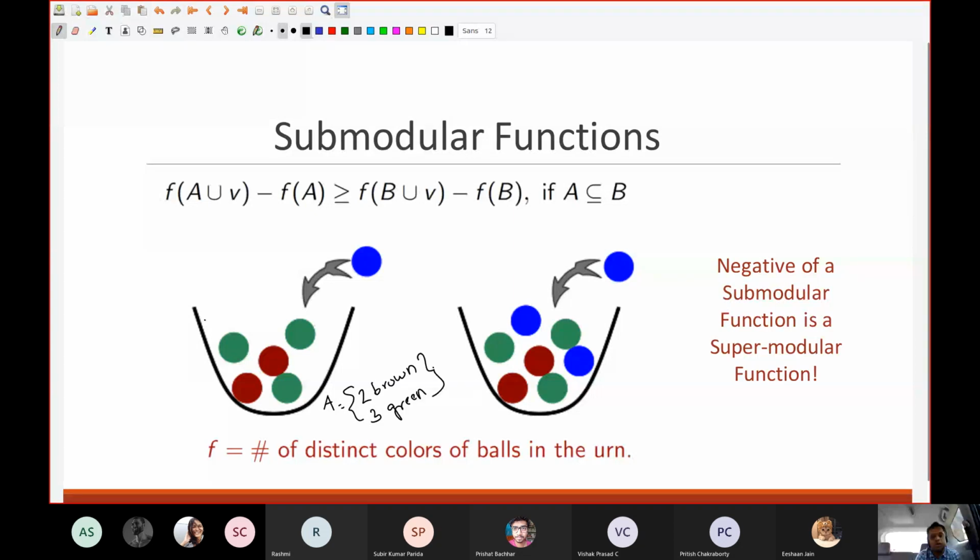The set B has two brown, in fact those two brown balls, three green, and two blue balls.